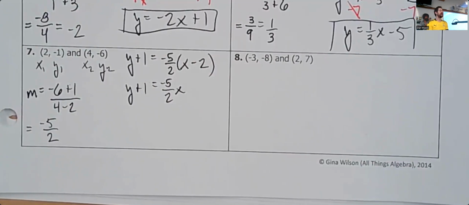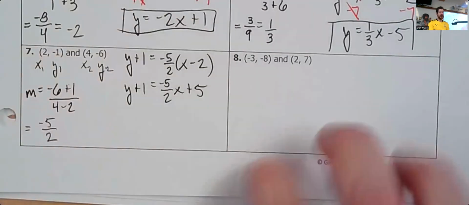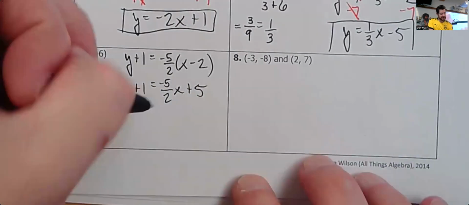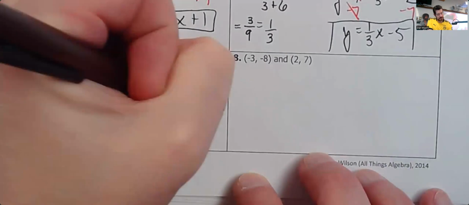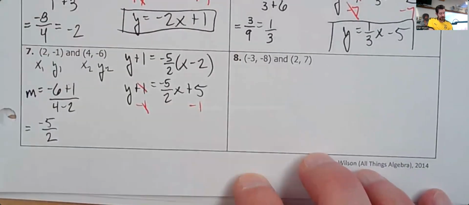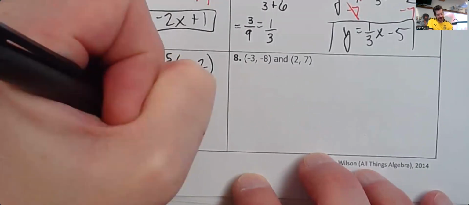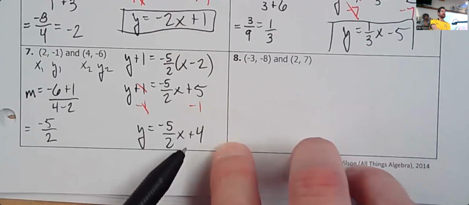Positive, right? Positive 5. Yeah, so plus 5. And then we're going to subtract 1. Yep. And then the answer is y equals -5/2x plus 4. And that's because we're just taking a positive 5 and subtracting 1, which keeps it positive.